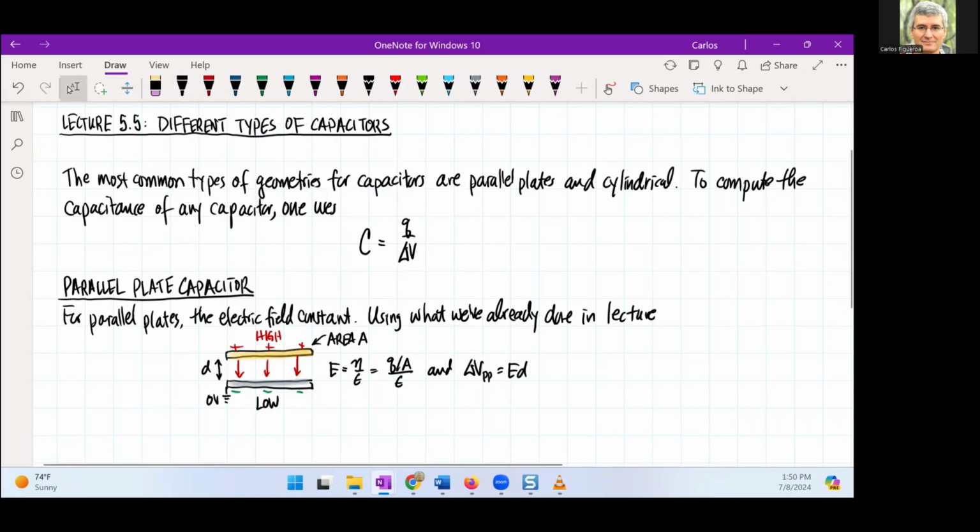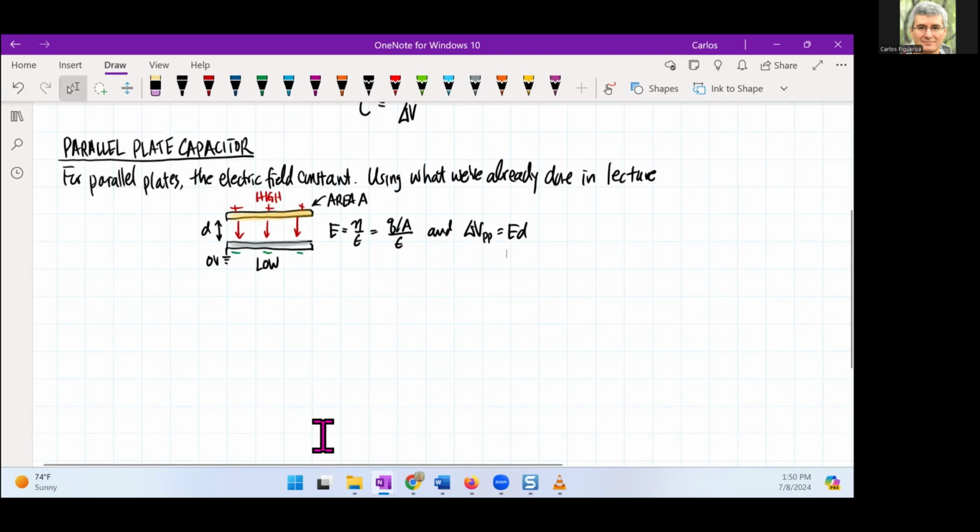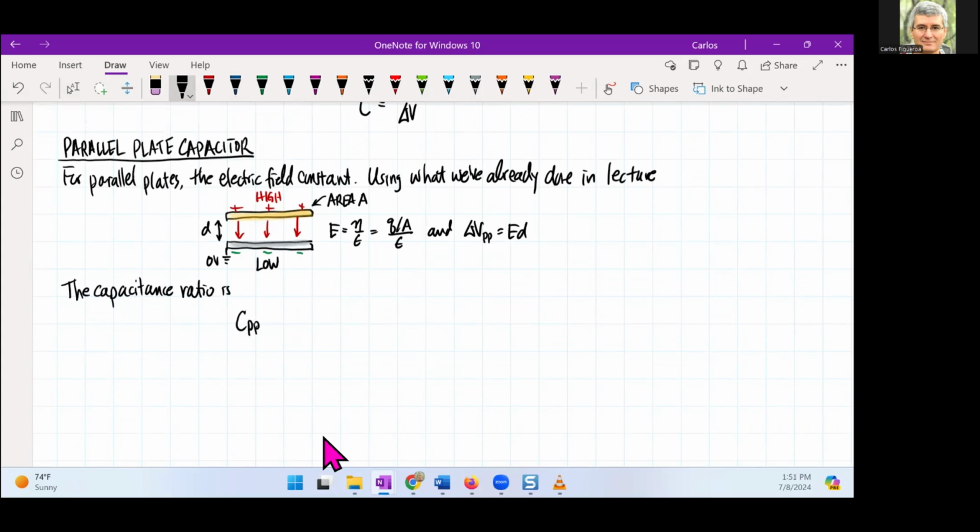So if I look at the capacitance now, the capacitance ratio is that I have this guy over this voltage here.